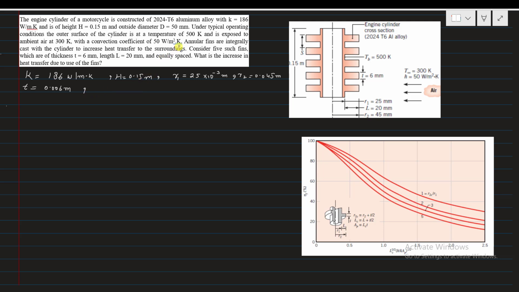And then the base temperature of the cylinder, so the temperature of the cylinder here at this point, that is T_b, and it is 500 Kelvin, and the temperature of the environment, that is T infinity, that is 300 Kelvin. The convection coefficient, that is h, is 50 watt per meter square Kelvin.